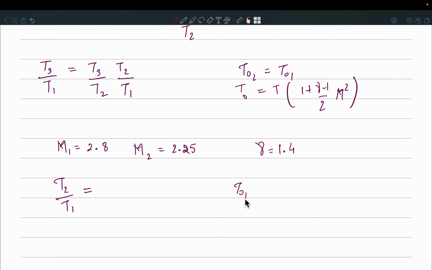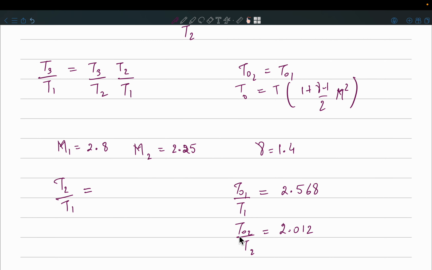Okay. T0 1 divided by T1 is equal to, yeah, okay, and then T0 2 divided by T2 is equal to, okay, T2 by T1 is then, I think you did opposite, right?